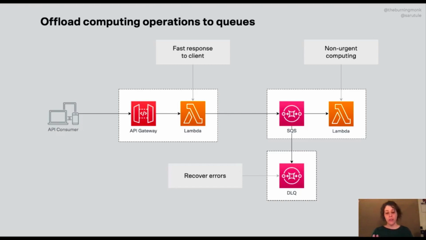This could be implemented, for instance, when you have to create a subscription for your user that just registered. You want to return a response to the user, allow the user experience to be smooth and seamless, and then in the background handle the subscription generation.